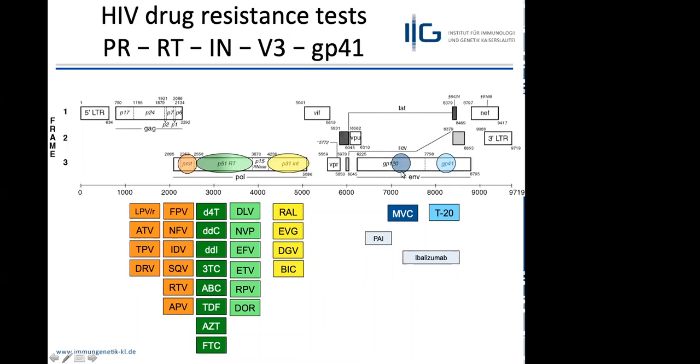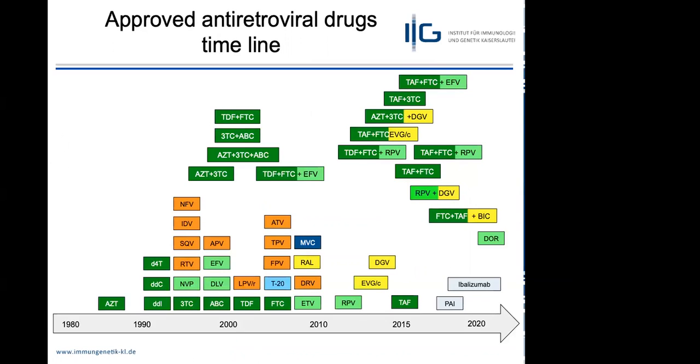And here we do see maraviroc, the entry inhibitor, and T20. And all these drugs, this is really the great success of HIV treatment, that we are able to have all these drugs at hand.